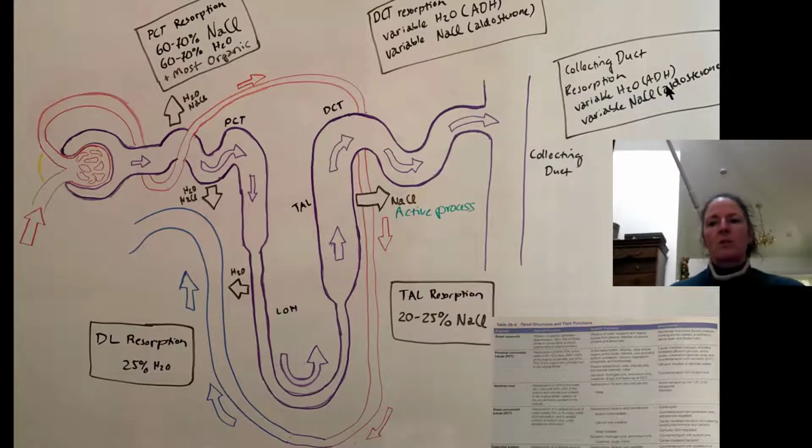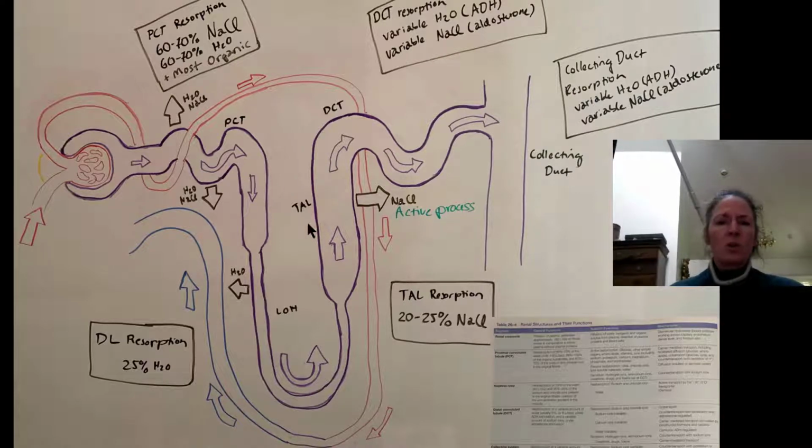Now, another thing I wanted to point out is something called countercurrent exchange, and that is going to involve the vasa recta. When we speak of the vasa recta, these are those straight capillaries that are going to follow the loop of Henle. Now, this is basically pertaining to our juxtamedullary nephrons.